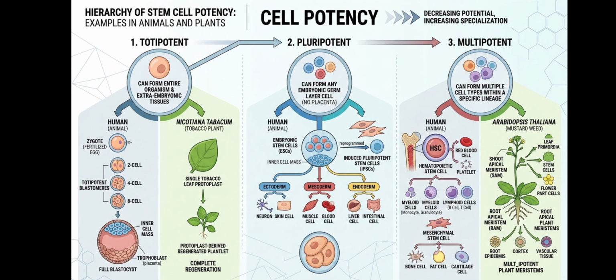But in human beings or other animals, all the cells are not totipotent. Only the zygote and maybe up to 8 cells are totipotent. That means if you culture these 8 cells differently, then 8 organisms can be produced. So that is known as totipotent.